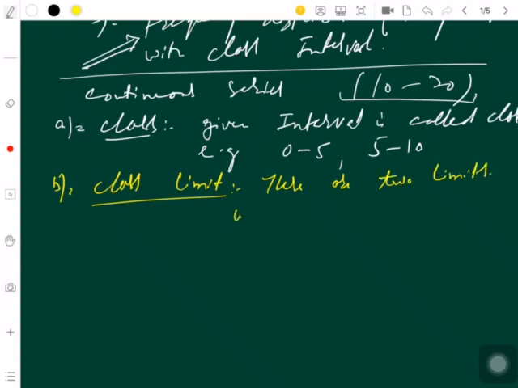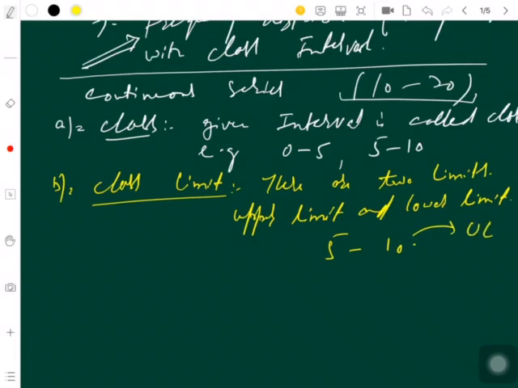One is the upper limit and the other is the lower limit. See, in the class 5 to 10, this is your upper limit and this is your lower limit, LL.